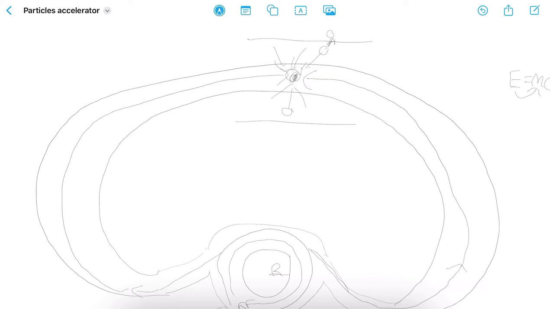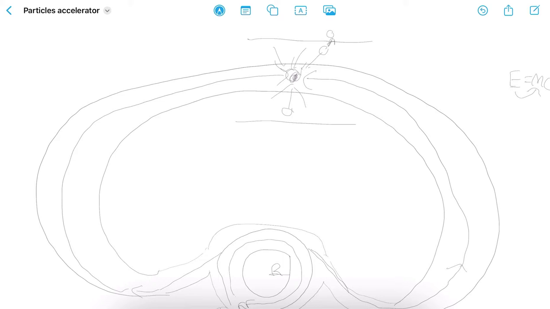But what is observed is that normal matter is much more abundant than antimatter. So this is another reason we study the matter-antimatter imbalance question.